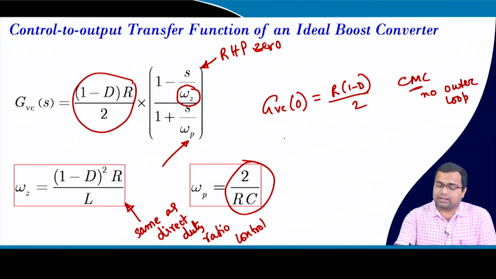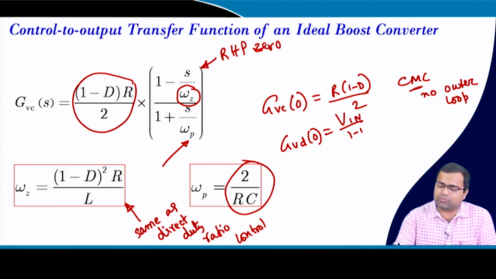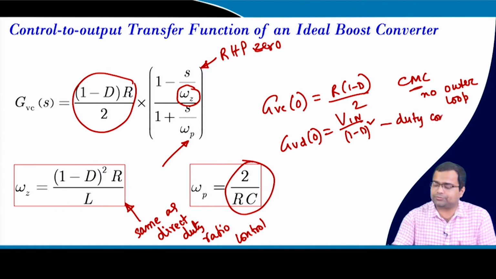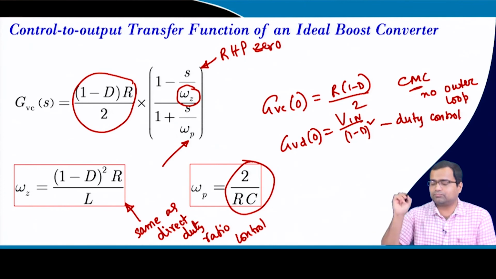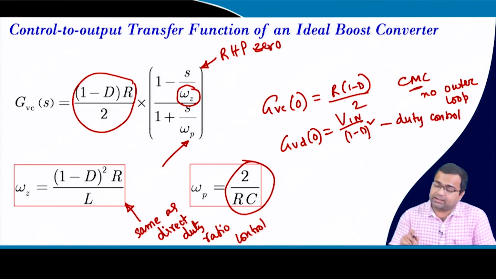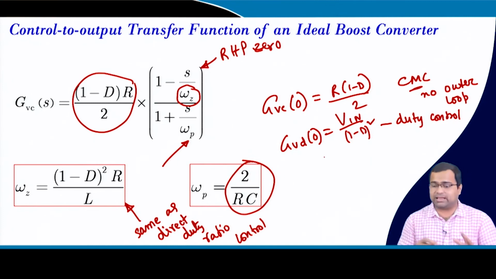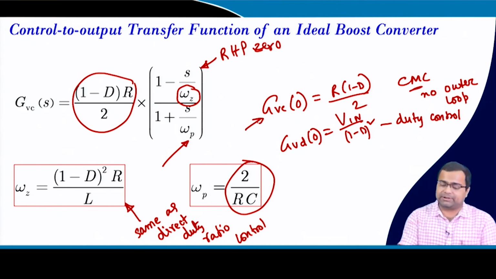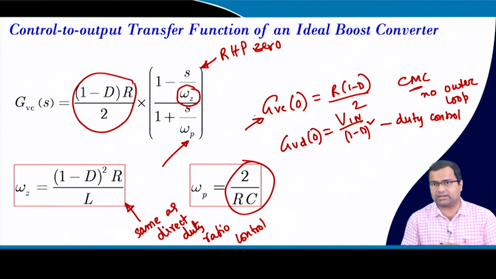But if you recall the GVD of a boost converter, it can be shown to be (1 minus D)... that is, Vin by (1 minus D) squared. This is for duty control, where it also depends on the duty ratio, but it depends on the input voltage. Here it is independent of input voltage, but it depends on the load resistance.